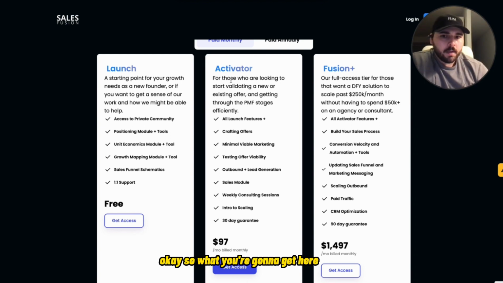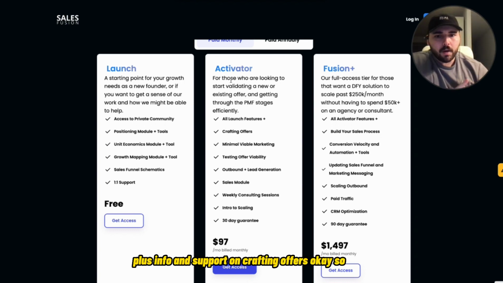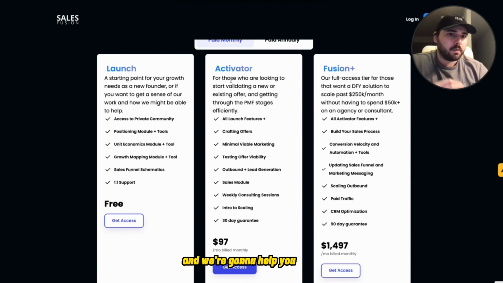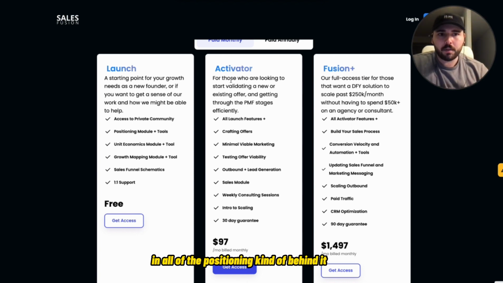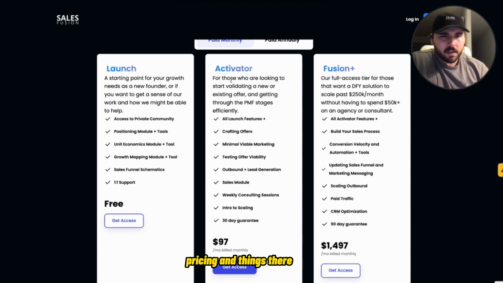Okay, so what you're going to get here is all the launch features plus info and support on crafting offers. Okay, so we're going to actually do an audit of your current offers and we're going to help you update them essentially, create new offers or optimize your current offers and all of the positioning behind it. And then we'll also get into pricing and things there.